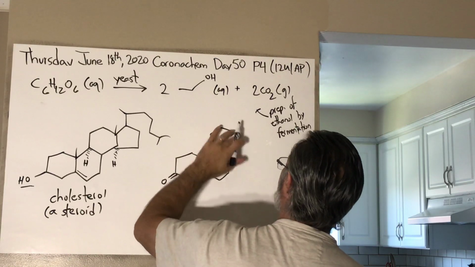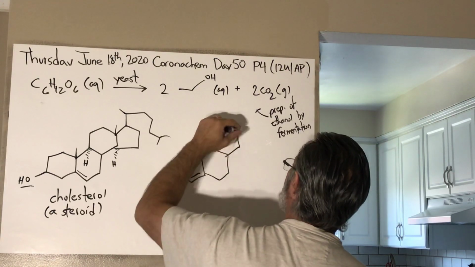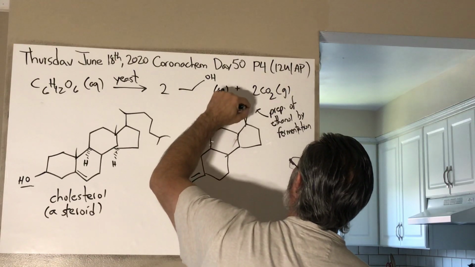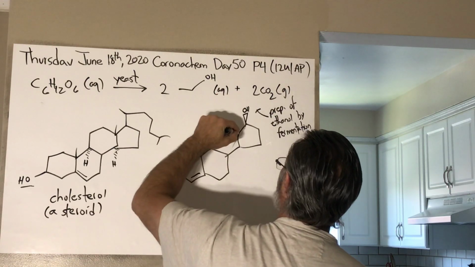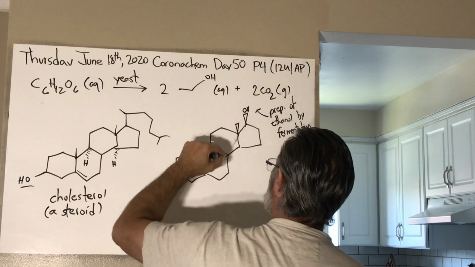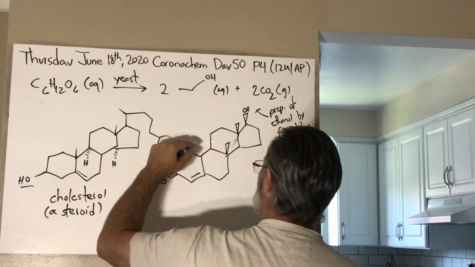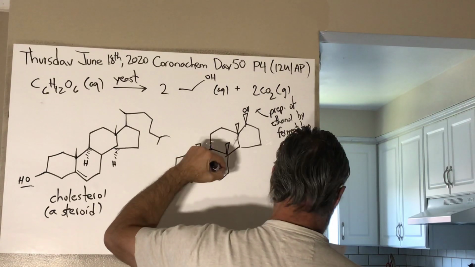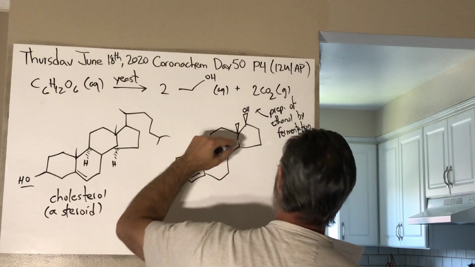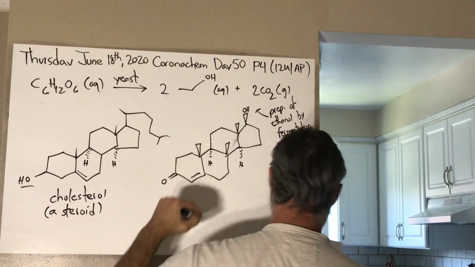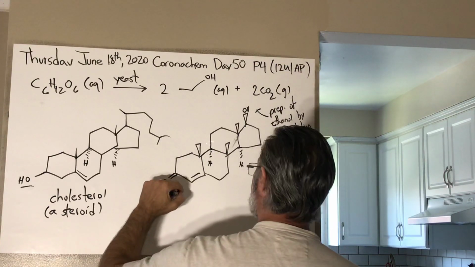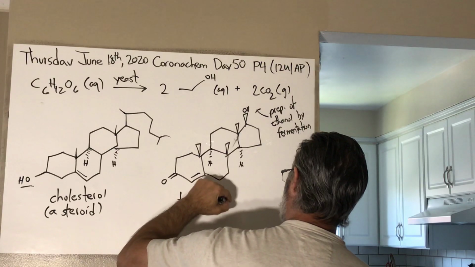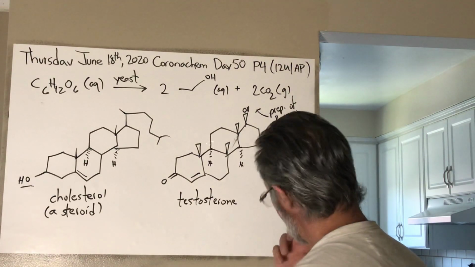It's got those 4 rings locked together, except, you know, little changes make big effects. This is testosterone. So you see it's very similar in structure.